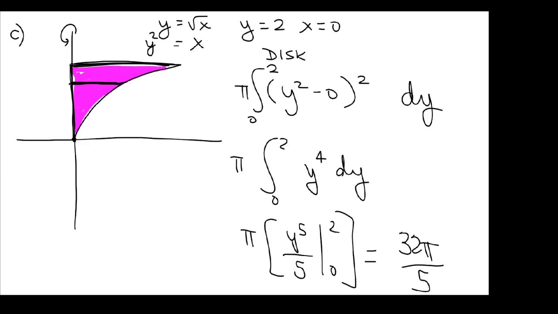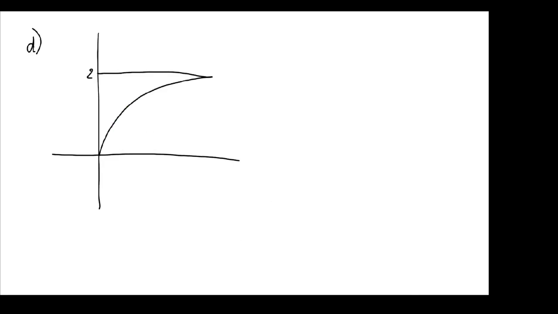Yes, ma'am. I have a question about arithmetic. In part D, you're to revolve around the line x equals -1. So that's a vertical line. My preference is to work with a vertical rectangle.